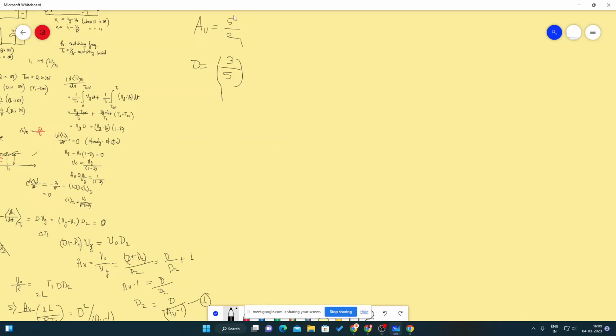So the gain is 5/2, the duty is 3/5. So the I out will be equal to IL, basically the average inductor current, by 1 minus D.